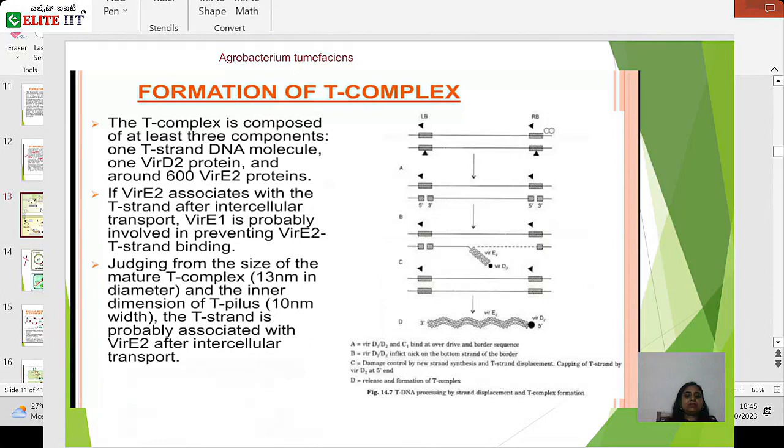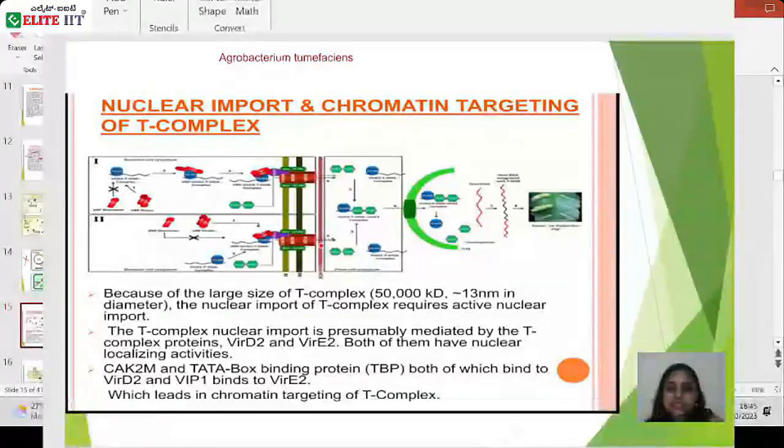Because of the large size of the T complex, nuclear import of the T complex requires active nuclear import. T complex nuclear import is presumably mediated by the T complex proteins VirD2 and VirE2. Both of them have nuclear localizing activities.